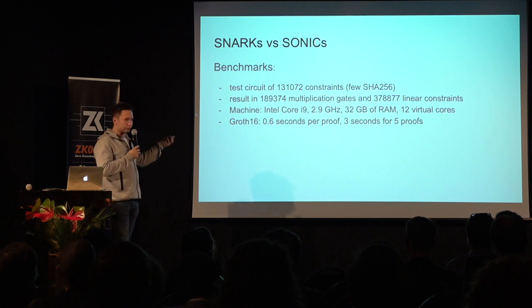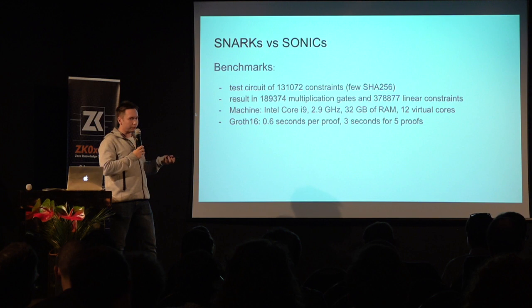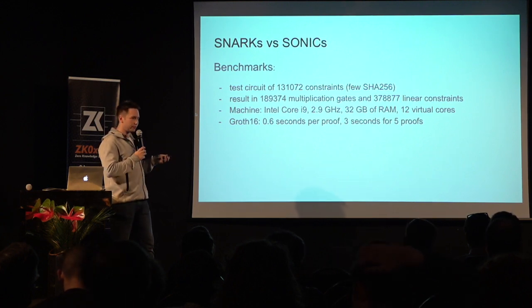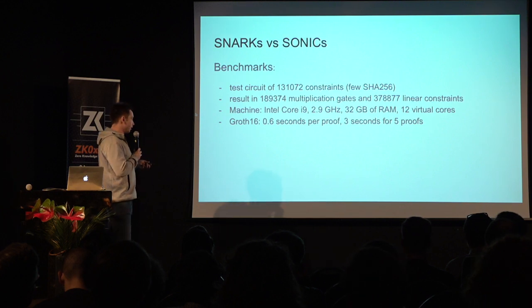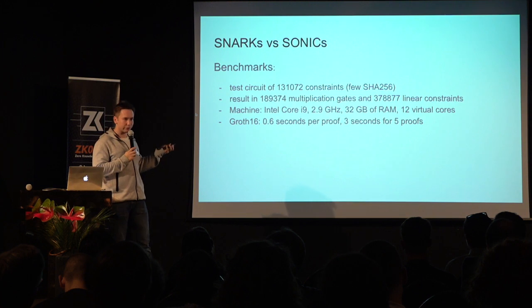My machine is just a laptop, a modern MacBook, 12 virtual cores, 6 physical ones, but virtual cores actually do help when you run the procedure. For Groth16, it's 0.6 seconds per proof, so for 5 proofs, let's say 3 seconds.